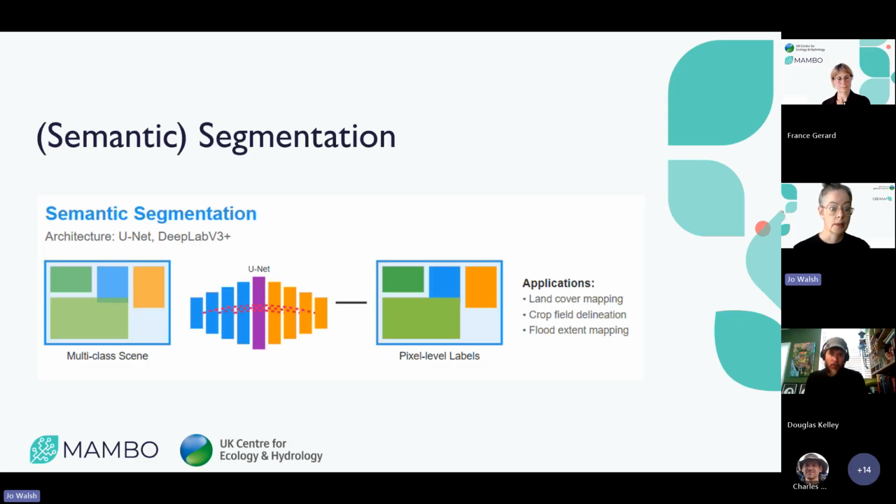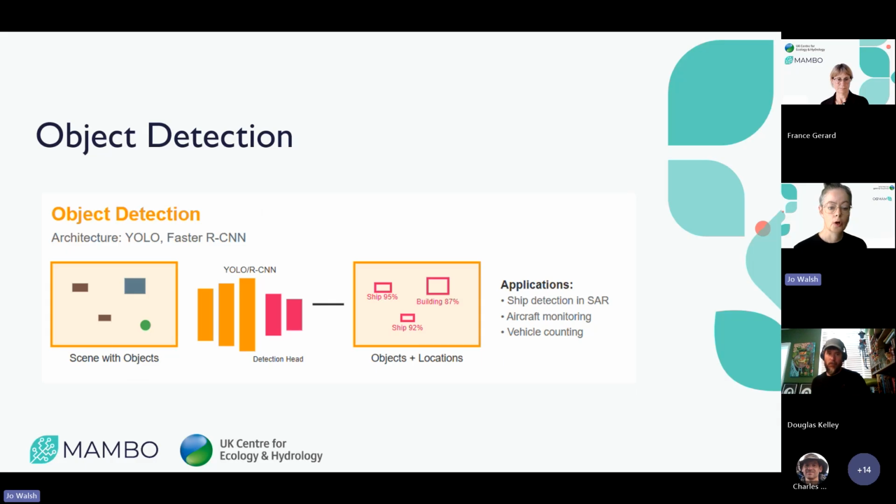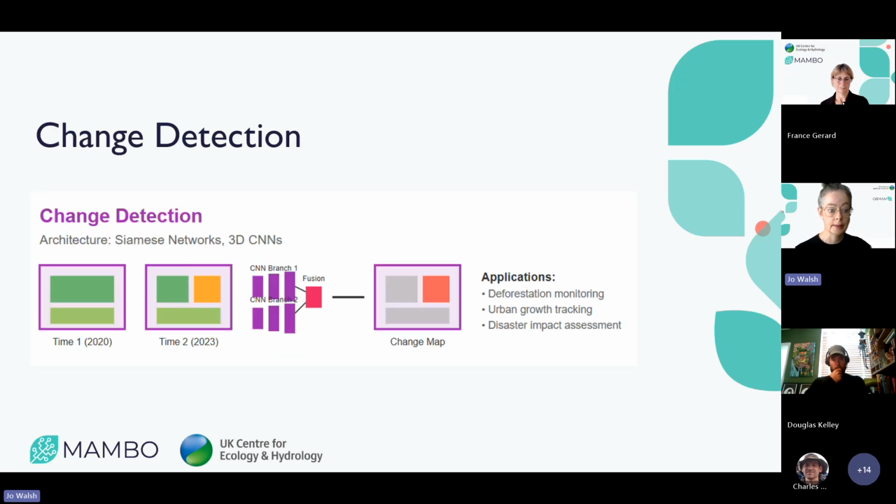Then there's semantic segmentation, an approach that's more traditionally used in land cover mapping, where areas of an image are covered in different terrain and have different qualities, so you've got a label per pixel, and you're able to push the image through the model and predict what each pixel is: is it grassland, is it wetland, etc. Object detection is another approach that's got a lot of usage in remote sensing image analysis, where the labels you're giving the model are bounding boxes that just say an object is here, doesn't necessarily outline its shape, just tells you it's in a location and it's this thing.